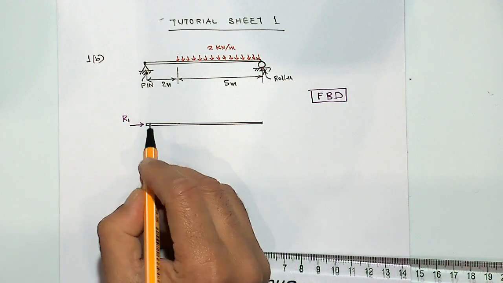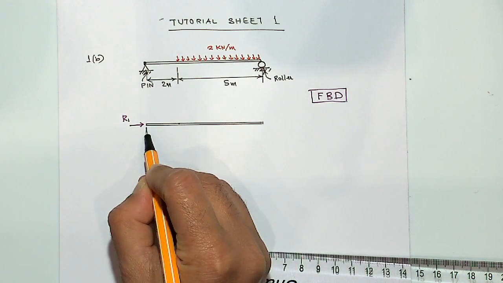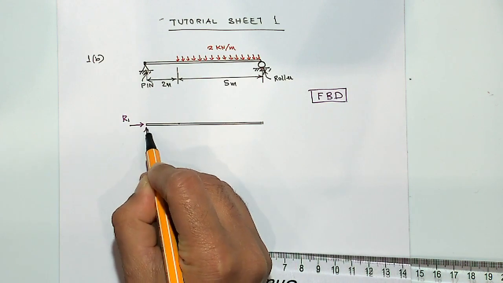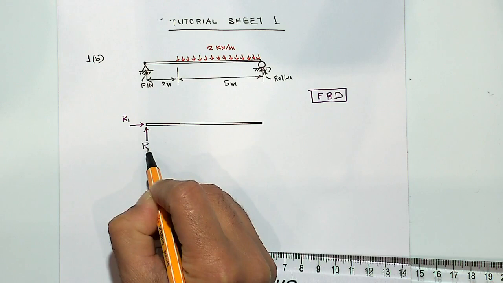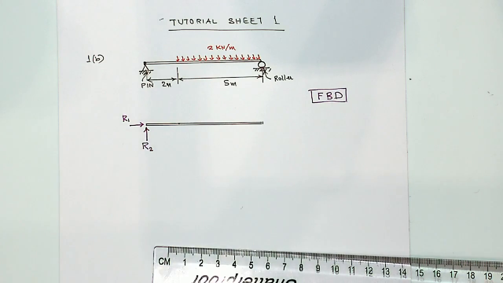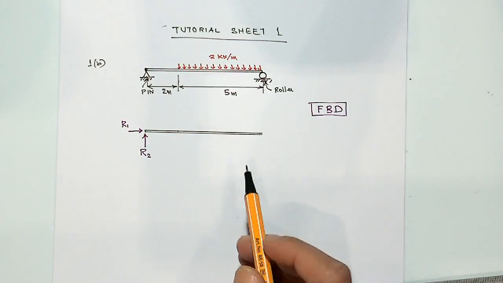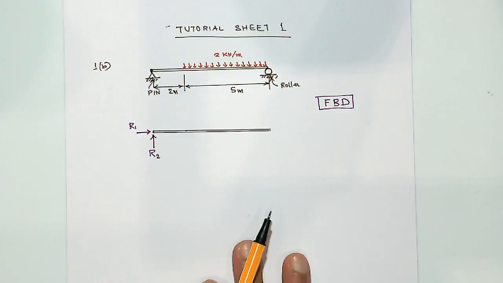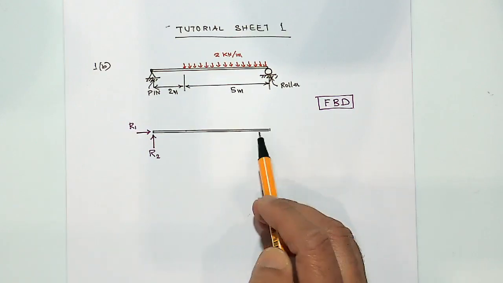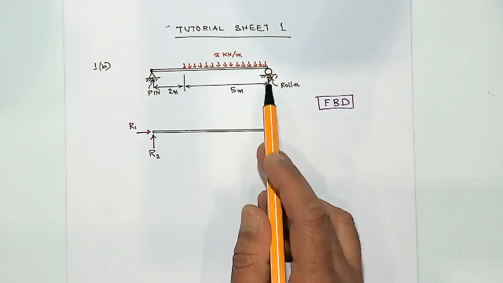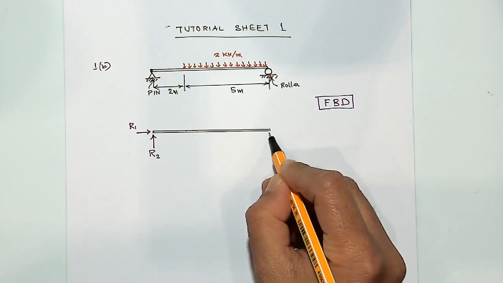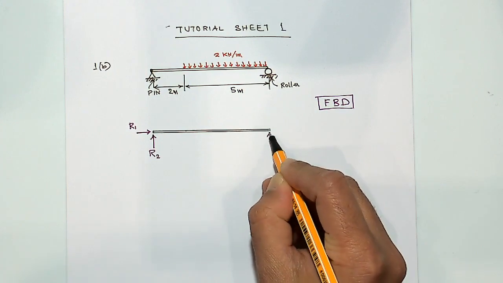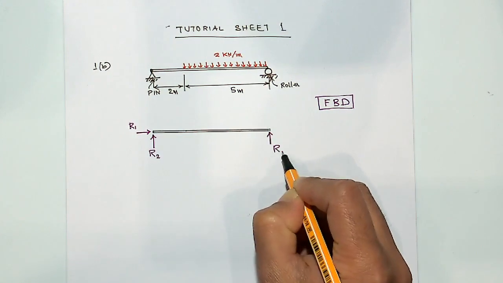The pin also resists vertical movement, so I would expect a vertical reaction force. Let's call it R2. And similarly, the roller here would let free movement in the horizontal direction, so no force would be generated in the horizontal direction, but you could have a vertical reaction force. So let's call this R3.